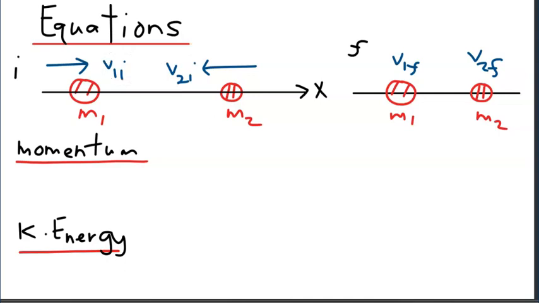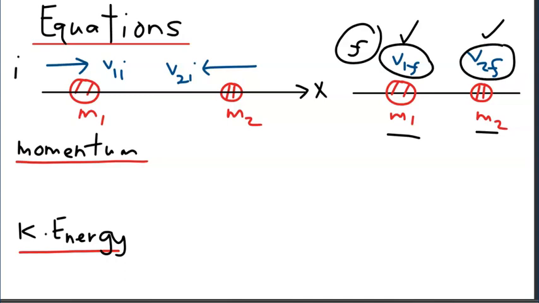They collide elastically, and after the collision, represented by this final state, m1 has a velocity of v1f, and m2 has a velocity of v2f. Let's not worry about the direction of motion after the collision. It's enough to identify the two velocities. Note, we are using the subscript f to denote the final state, namely the state after the collision.